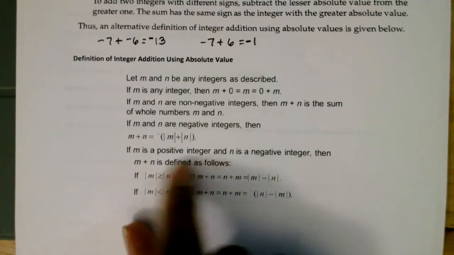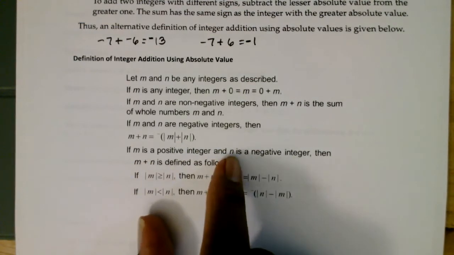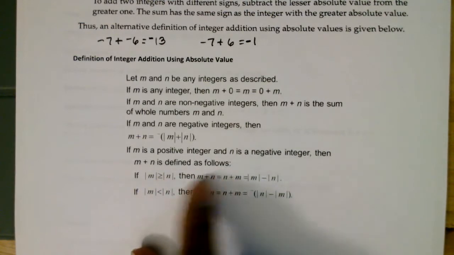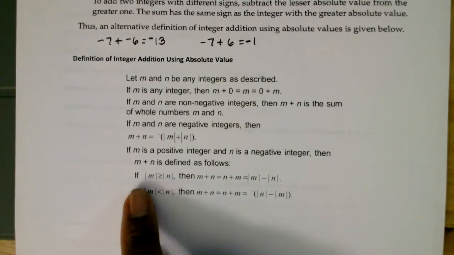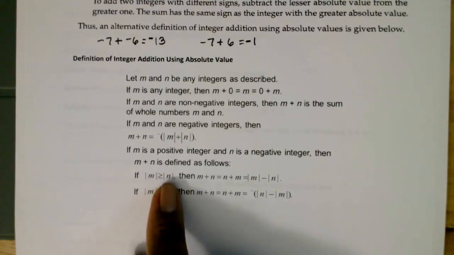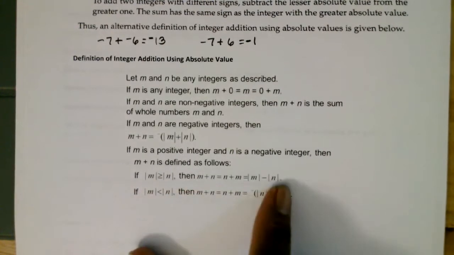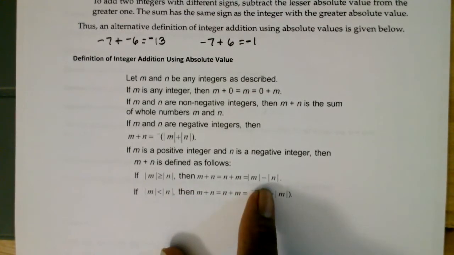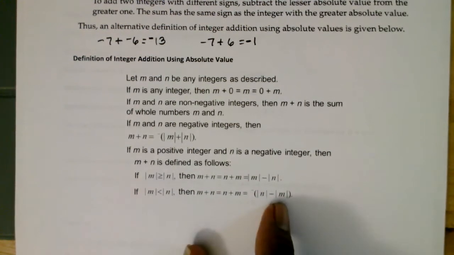Now, if m is a positive integer and n is negative, then m plus n is defined as follows. Let's say the absolute value of m is greater than or equal to the absolute value of n. Then basically you'll just be subtracting, and then you're going to take the sign of the larger absolute value. That's what all of this is saying.